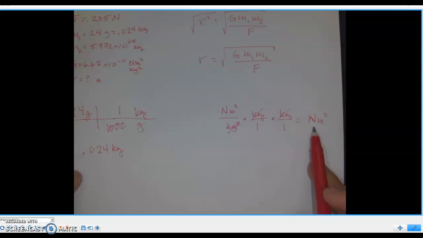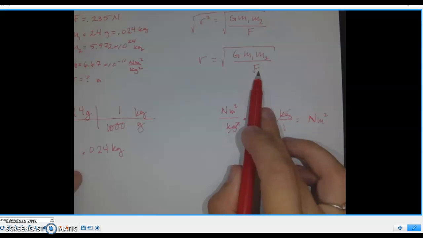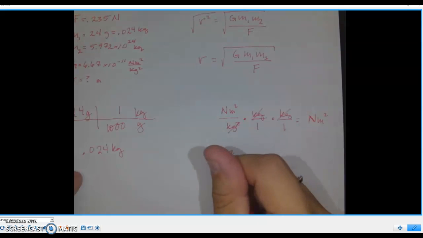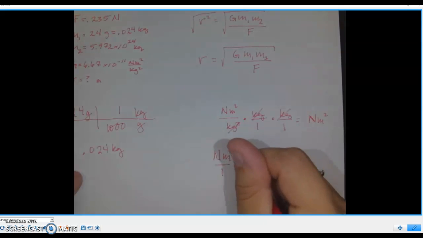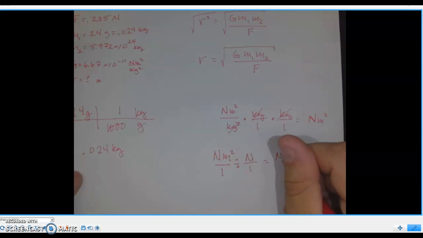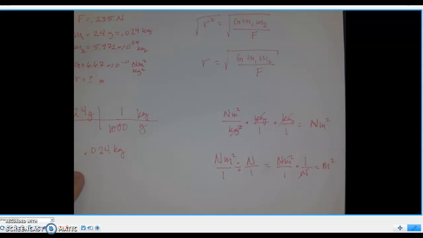And so now I'm going to take a Newton meter squared, because that's on the top, and I'm going to divide it by force, which is Newton. So I'm going to take a Newton meter squared, and I'm dividing that by newtons. Dividing by a fraction is the same as multiplying by the reciprocal, and so I'm left with meters squared.